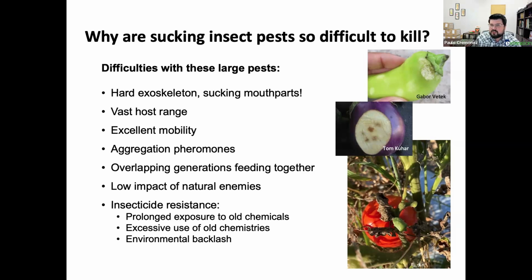They produce aggregation pheromones. So once they find food, they will signal their colleagues to go to that area. So that's why we find a lot of the punctures in the fruits, especially closer to the calyx of the fruits as well.